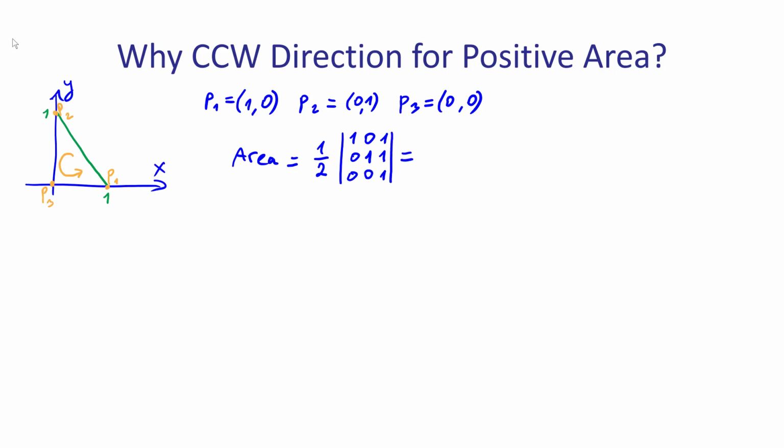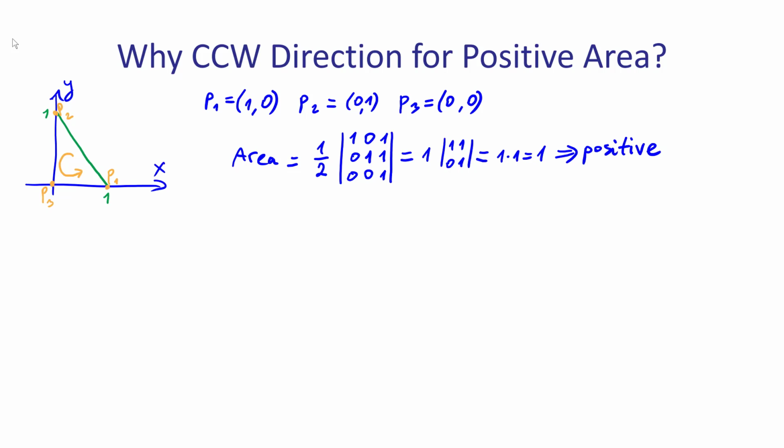And when we develop this determinant, for example, by the first column, it's 1 multiplied by the determinant 1, 1, 0, 1. So it will be 1 multiplied by 1, which is 1, positive. Now please try to follow the argument.